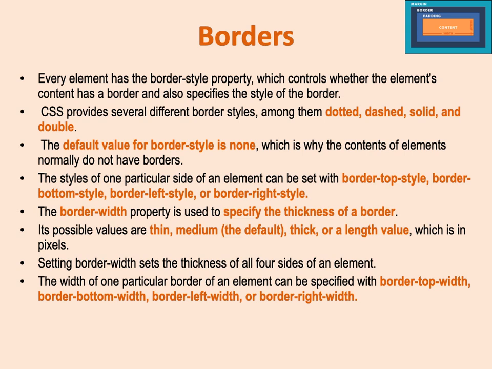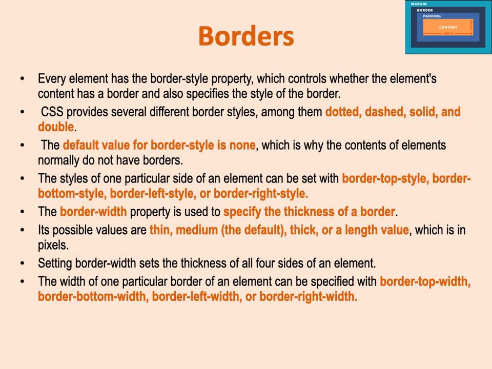The style of one particular side of an element can be set with border-top-style, border-bottom-style, border-left-style, border-right-style. So all these are property values for setting the side of an element. For example, if you need to set a border style for the top area, you need to specify border-top-style.